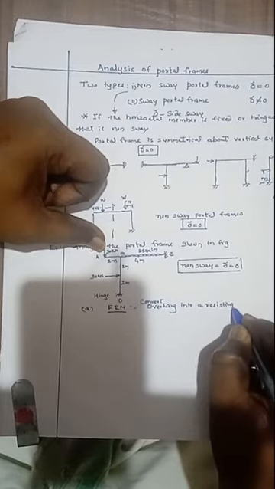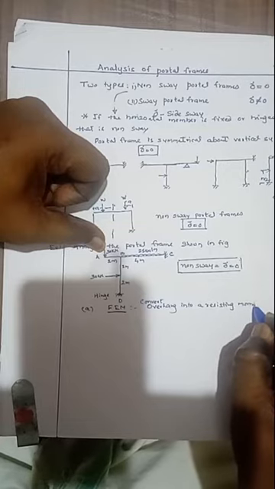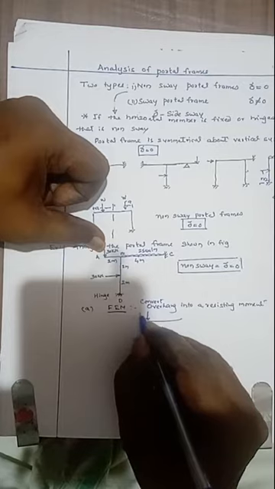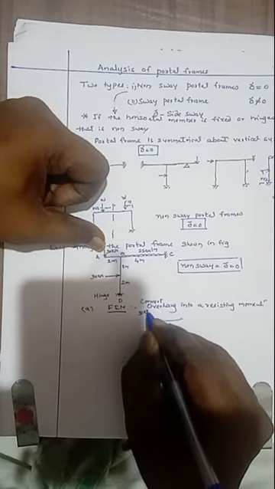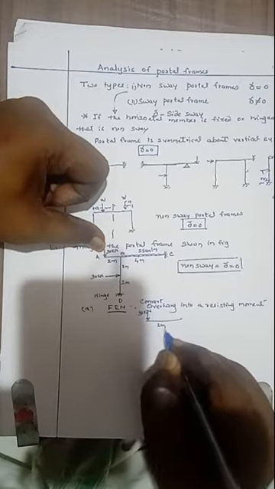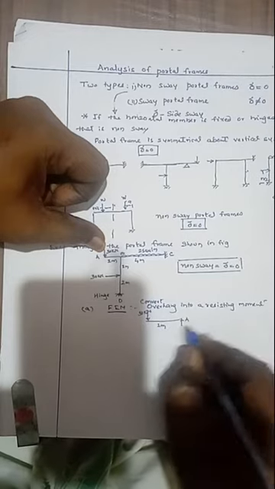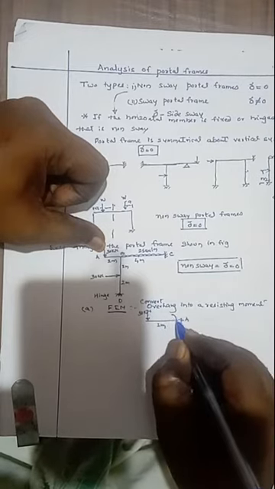Here this end is subjected to 30 kilonewton, and this distance is 2 meter. This one is support A, this one is 2 meter, this one is the resisting moment.